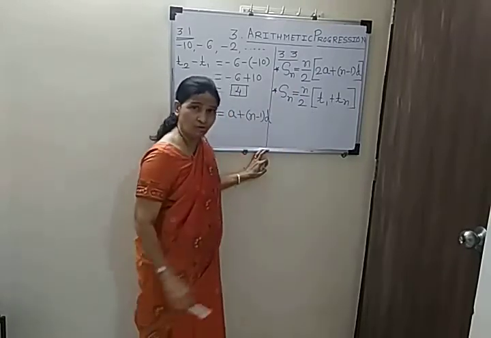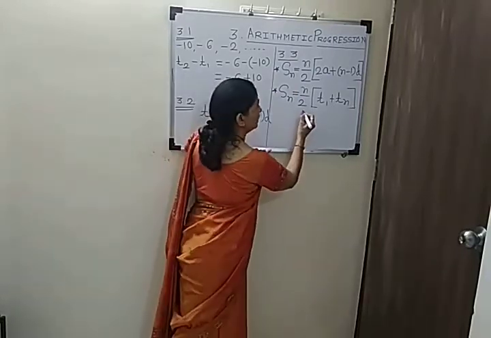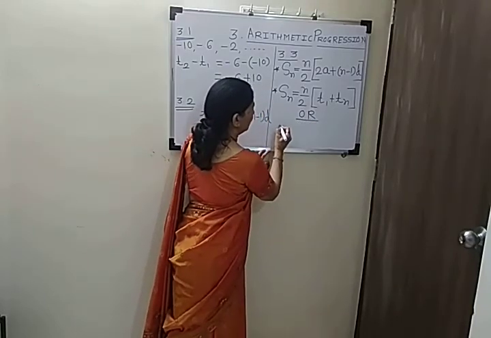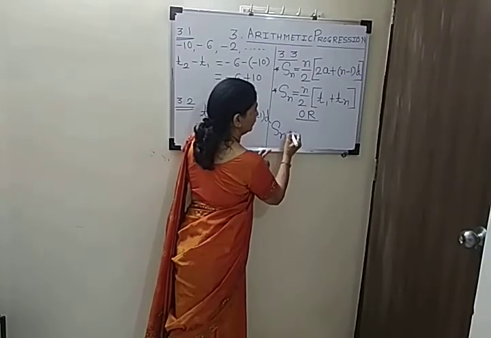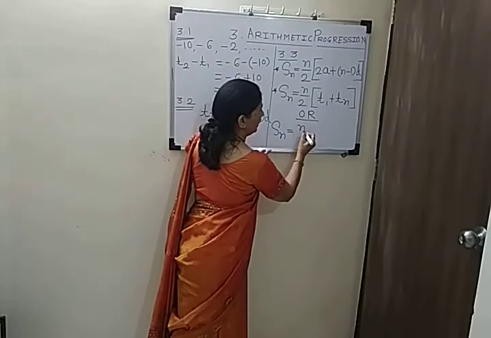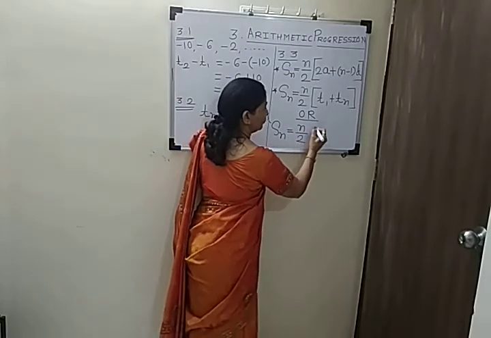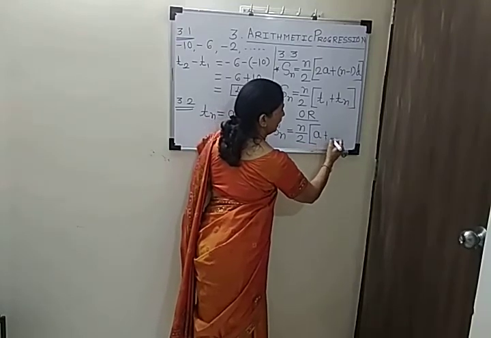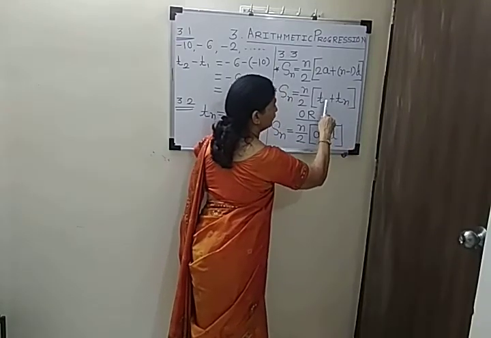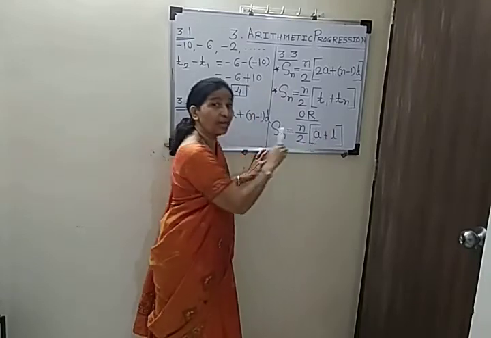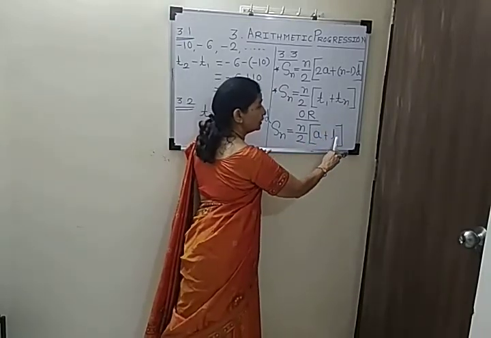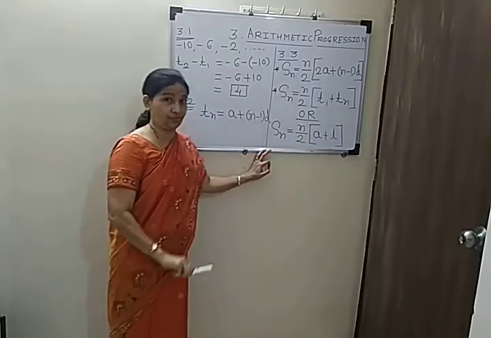This formula we can write in this way also, that Sn is equal to n upon 2 in bracket A plus L, because T1 means A, the first term, and Tn means L, the last term.